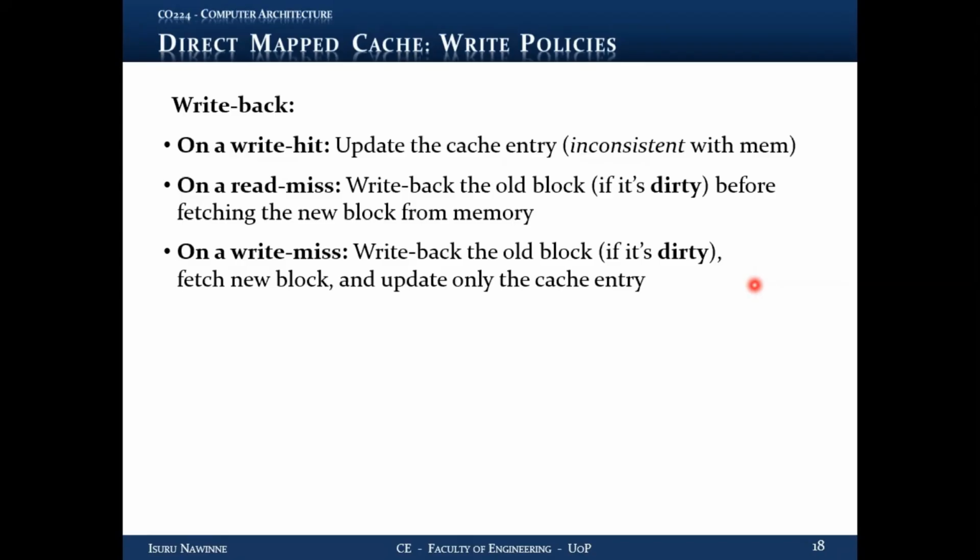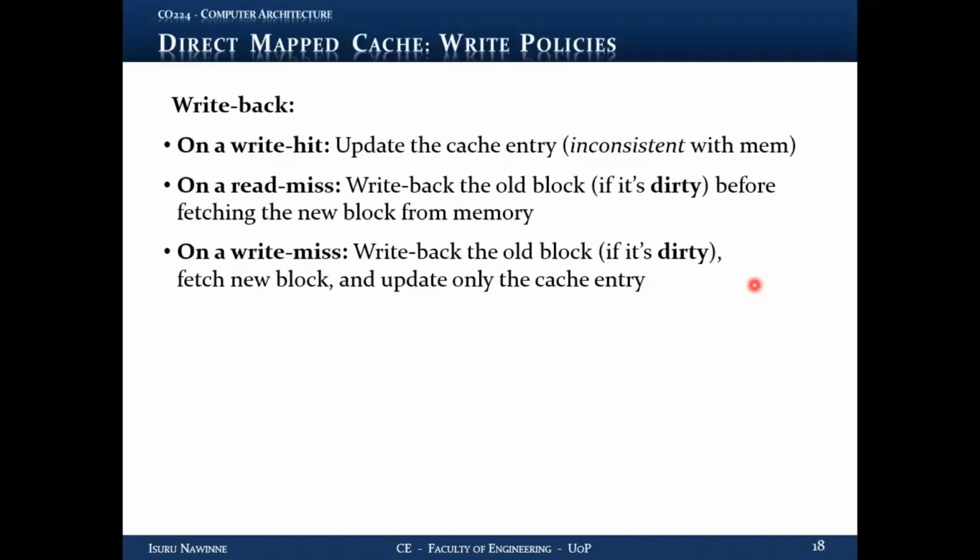In the case the existing entry, the old block, is dirty, or it has been written to and not sent to the memory, or in other words, if the cache block is inconsistent, you write the old block back to the memory before fetching the new block from the memory, right? In order to do that, we have to maintain the dirty bit and check it.